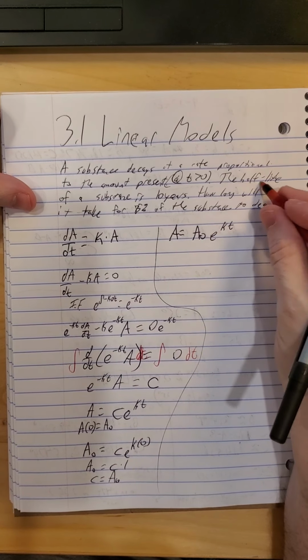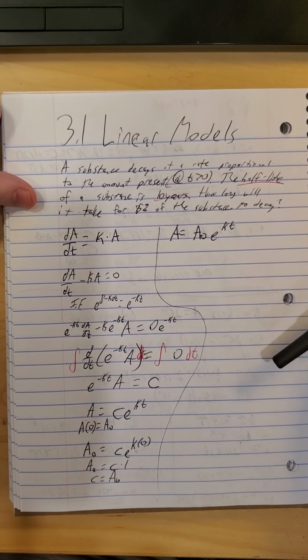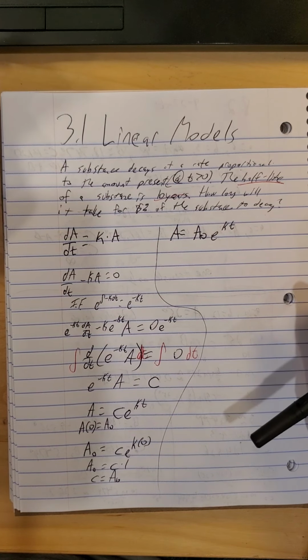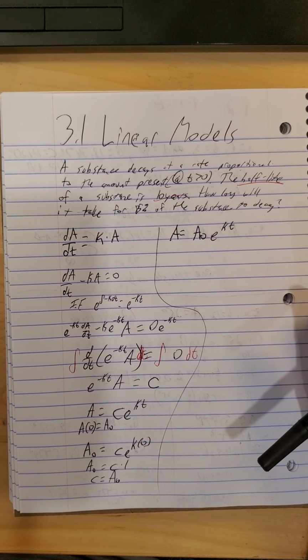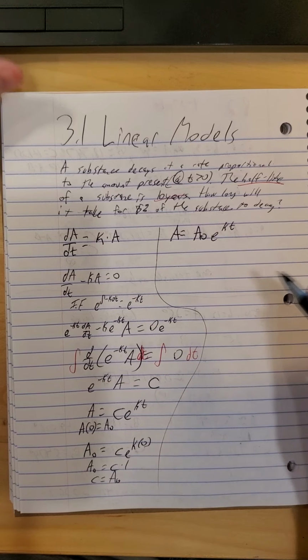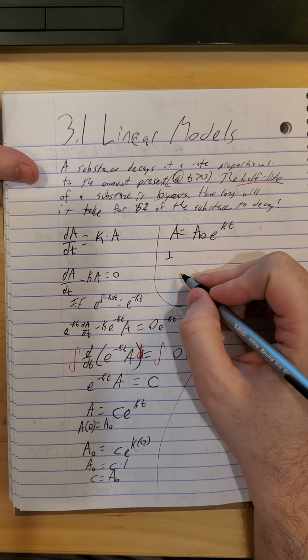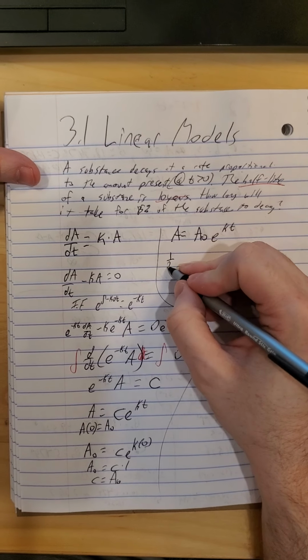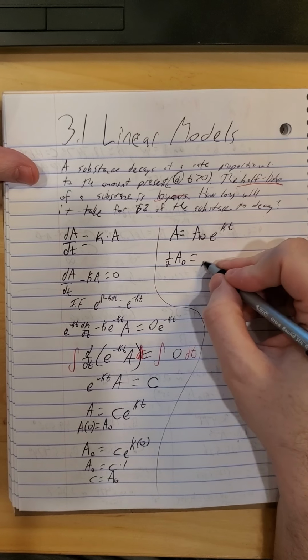So they gave us the half-life and an amount of years. Remember, half-life is referring to how long it takes until you have half of the original material remaining. So the original material is A naught. Then the new amount would be 1/2 of A naught.